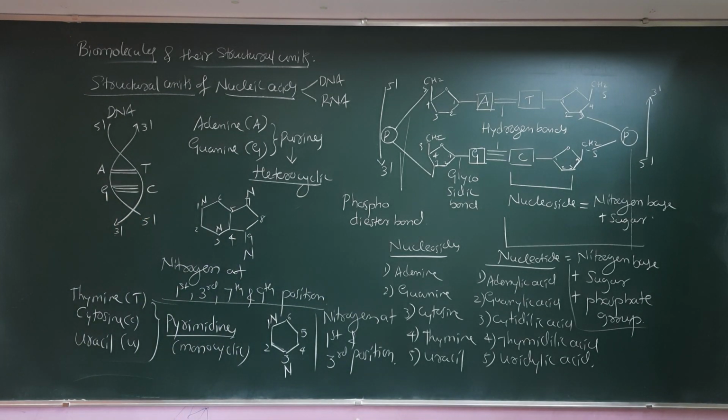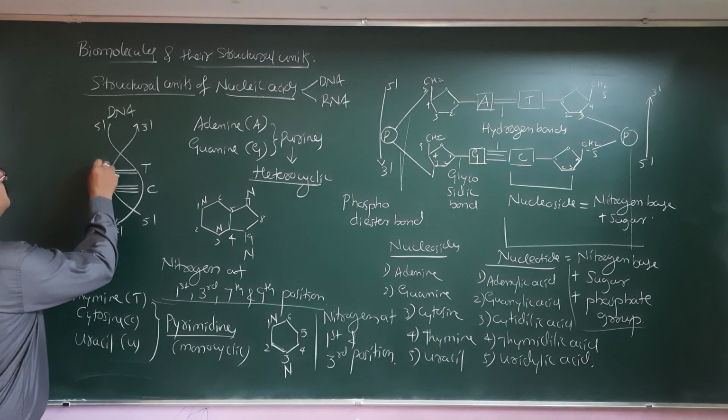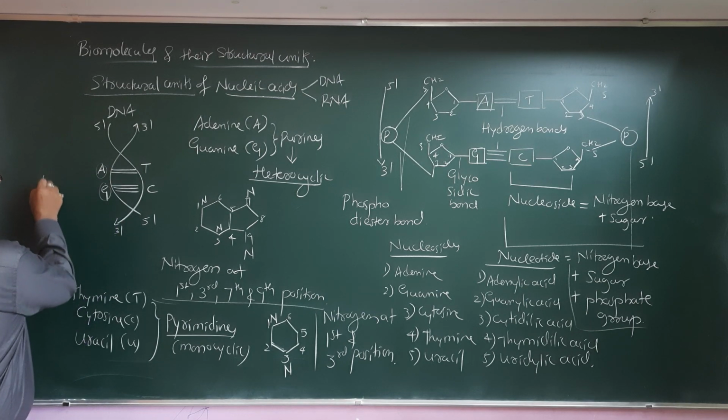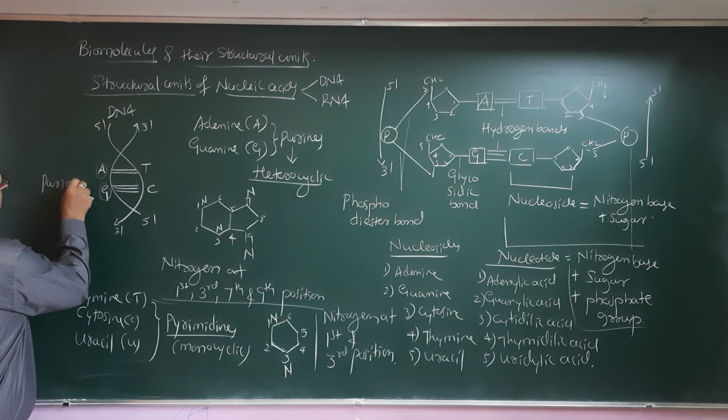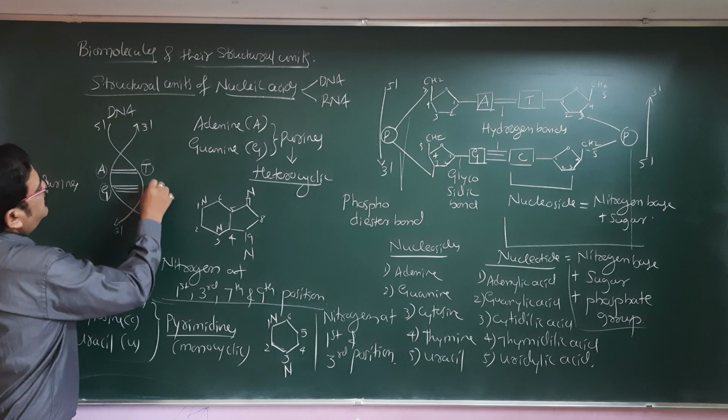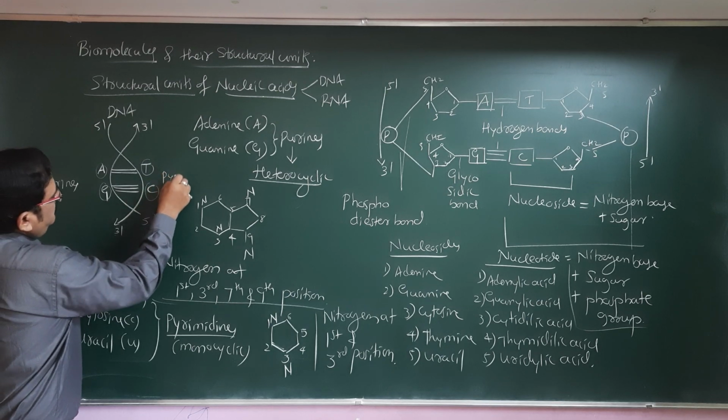Here you are looking at DNA. DNA is a double helix structure which is basically made up of purines and pyrimidines. The nitrogen bases adenine and guanine are the purines, and thymine and cytosine are the pyrimidines.